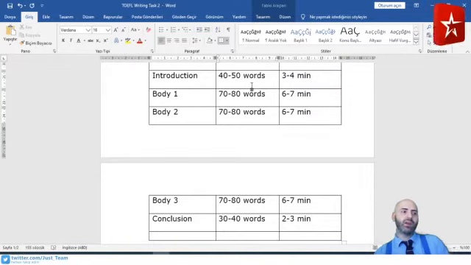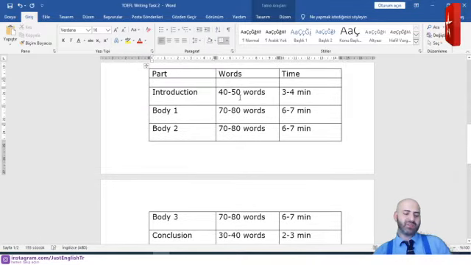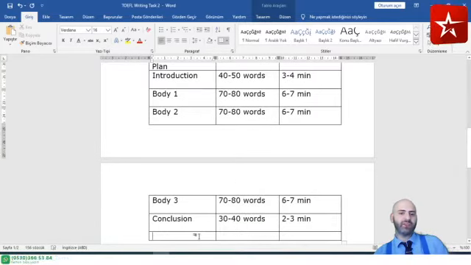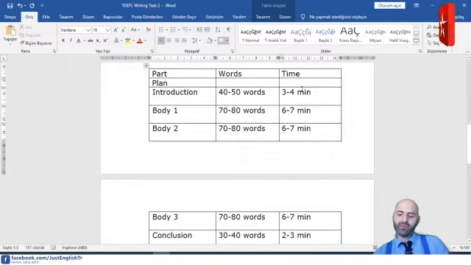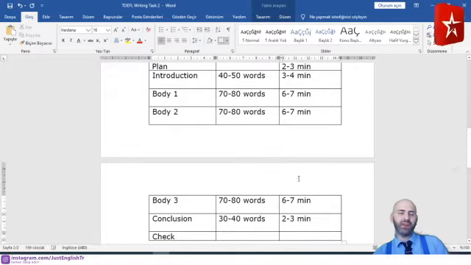I absolutely suggest you make a plan before you start writing, and when you finish writing, check your writing. Let's say you spend 2-3 minutes planning. And when you finish writing, again, for checking, you should spend 2 or 3 minutes.